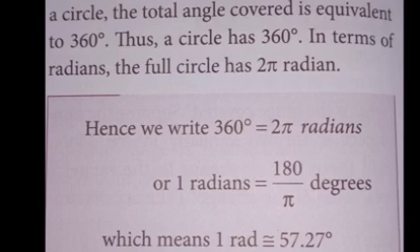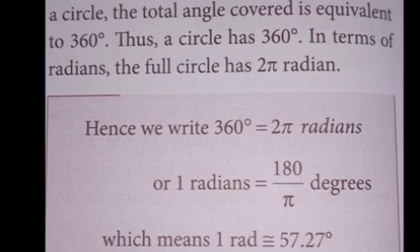So 1 radian is equal to 180 divided by pi. Therefore 360 divided by 2 pi gives 180 divided by pi degree, and nearly 1 radian is equal to 57.27 degree. The value of 1 radian is 57.27 degree.